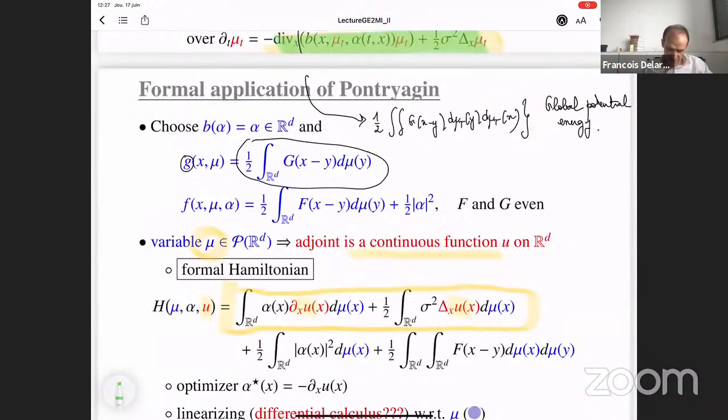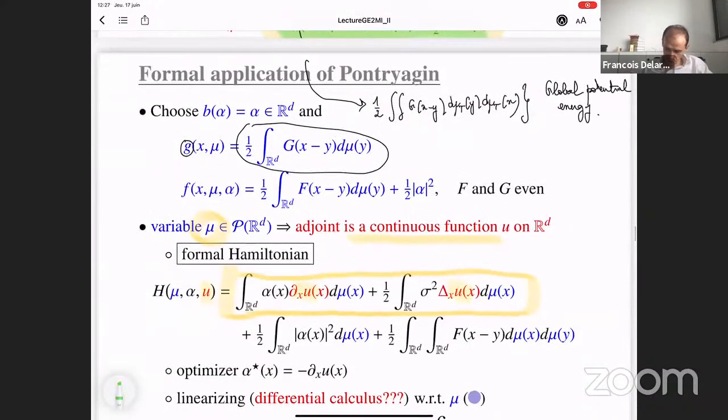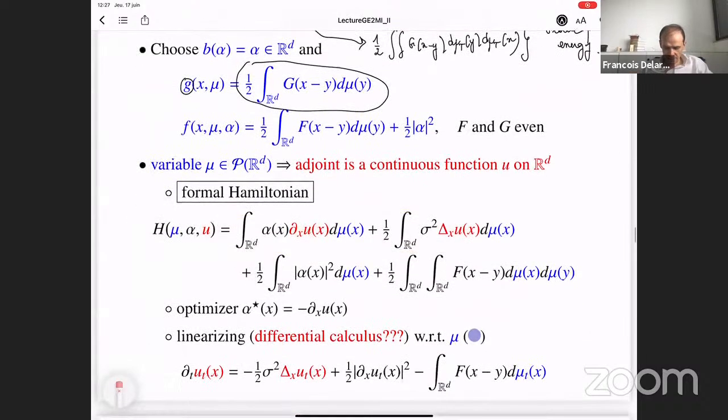And so I get this first term in the Hamiltonian, and the second term in the Hamiltonian is the cost. So this is the usual Hamiltonian in control theory, except that now this is infinite dimensional. Then what you have to do is to compute the optimal feedback in terms of the dual variable, which here is u, and in order to compute it you have to minimize exactly this quantity.